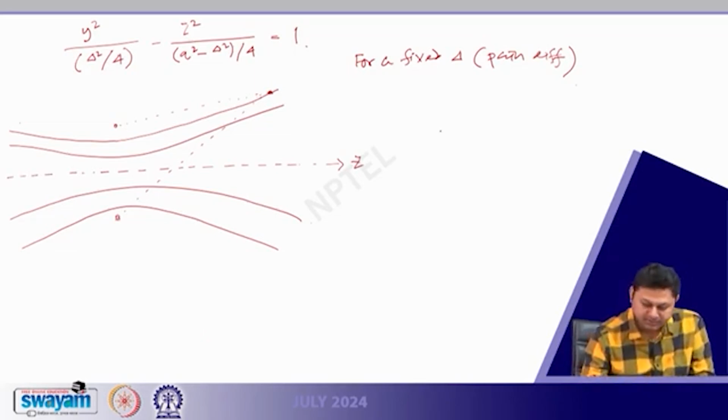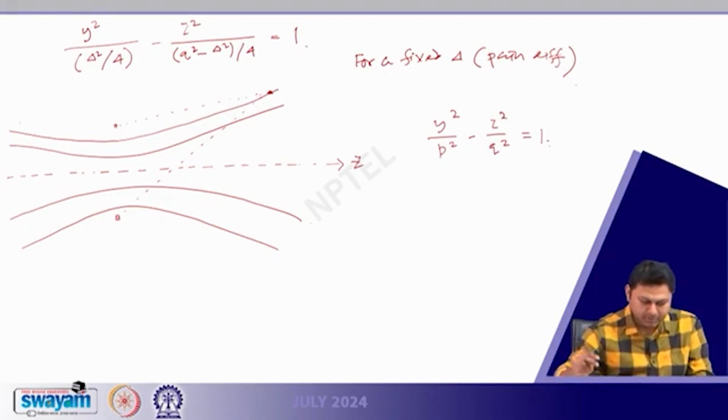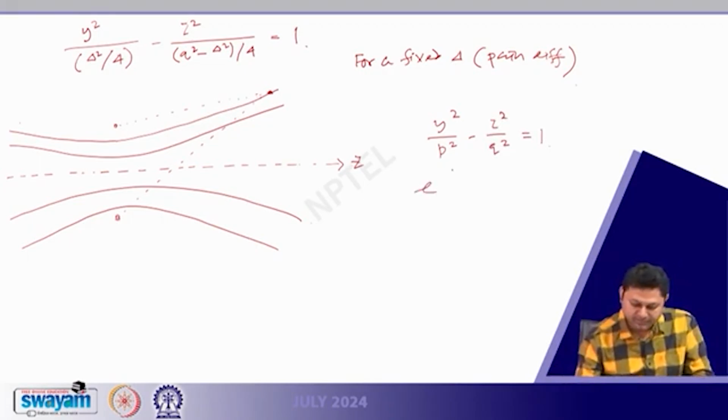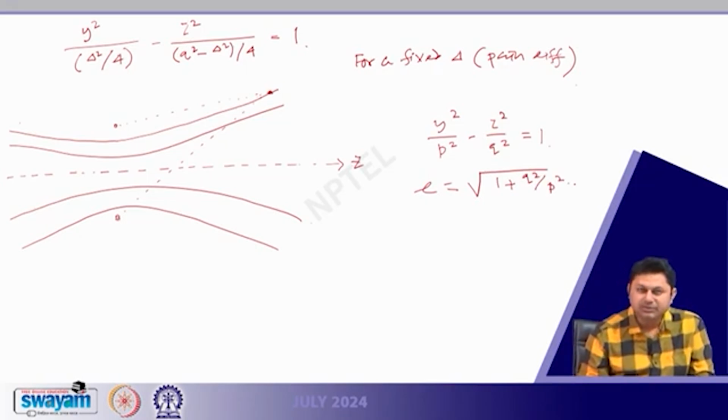So, we know that when an expression is given by this, then the eccentricity of the system is given by 1 plus q square divided by p square. So, for this hyperbola, the eccentricity is given by this.